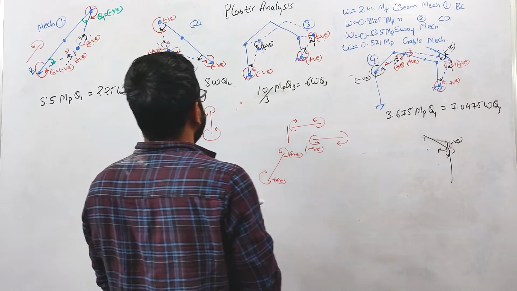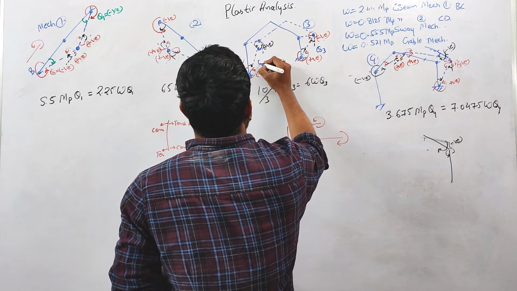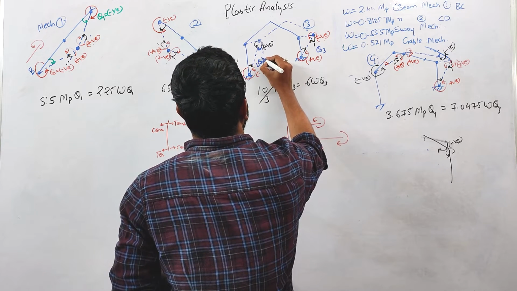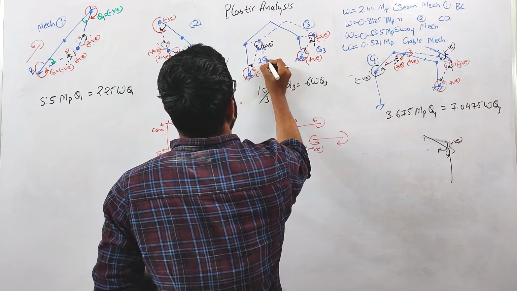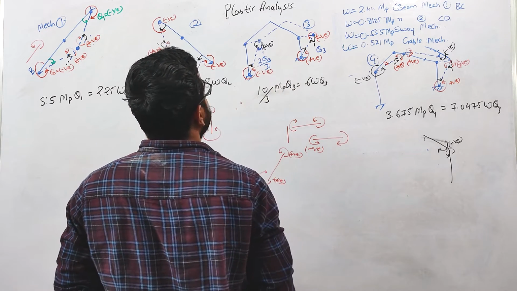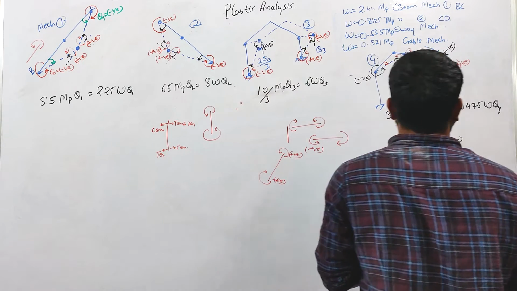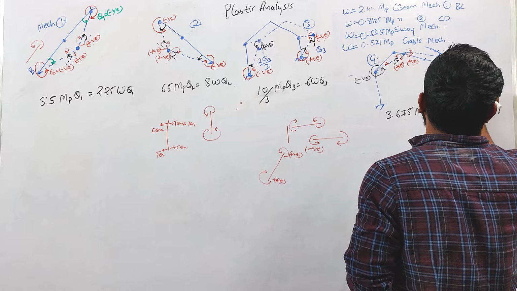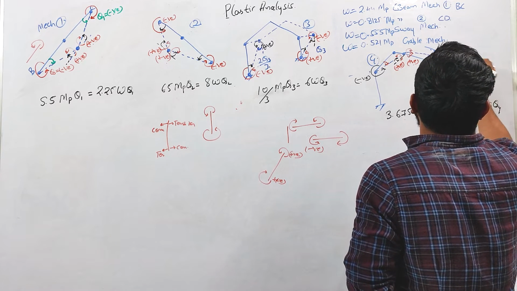So here you can see that this was theta 3. This rotation was 2 theta 3 by 3, right? This we have already calculated in the last lecture. Here this was theta 4. Okay. This is theta 4 again.